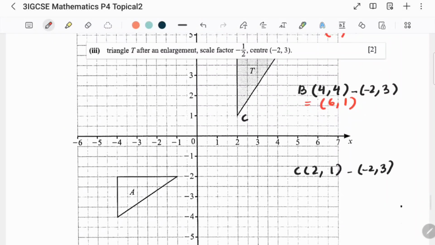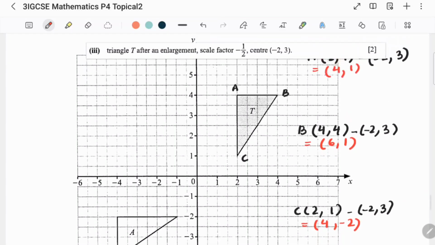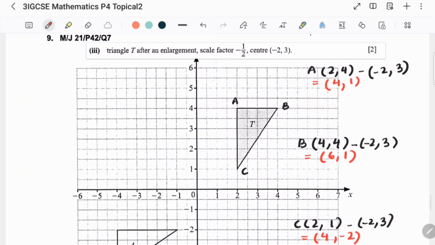And the last one, 2 plus 2 will become 4, and 1 minus 3 will become minus 2. So we identified what the original points are after subtracting the center, and now we are going to multiply with the scale factor. Scale factor is minus half. Multiply each and every coordinate with minus half.